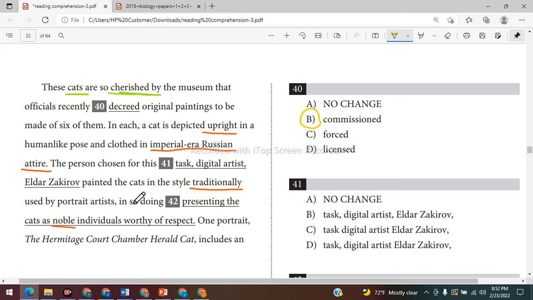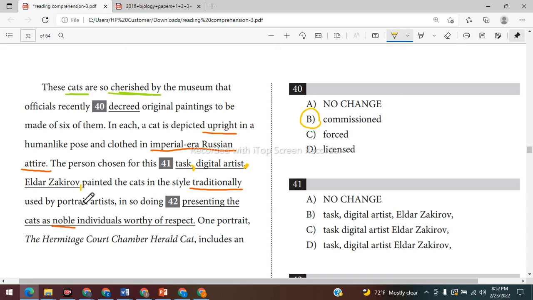Yes, it has to be D, because they're trying to tell us about the person chosen for this task. So the person chosen for this task, comma, now we need to name the person: digital artist Eldar Zakirov, comma, painted the cats in the style traditionally used by portrait artists.